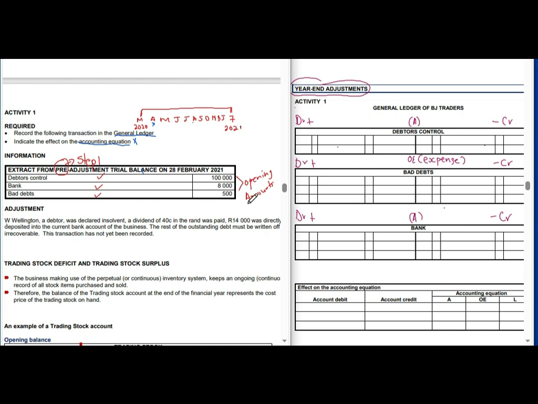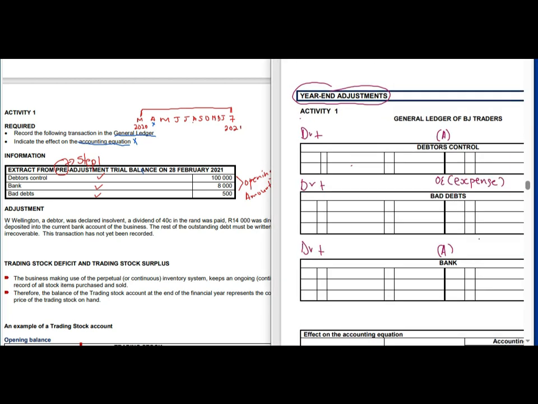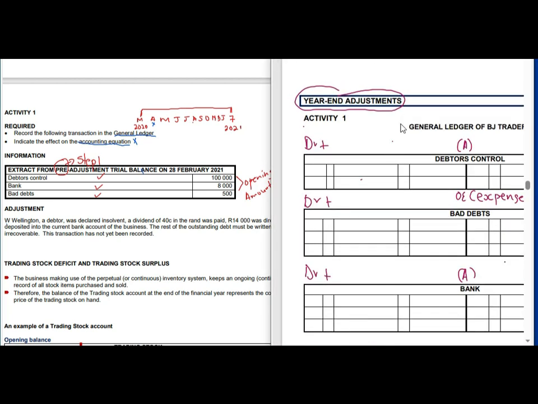We said we have opening amounts, and debtors control is 100,000. So we write 1st of March 2020, we had an opening balance of 100,000 under the debit side, meaning we have debtors who owe us 100,000. That's why we record it under the debit side.